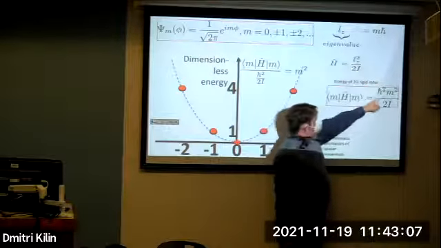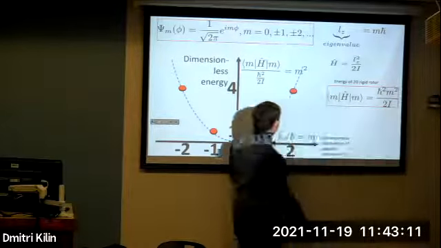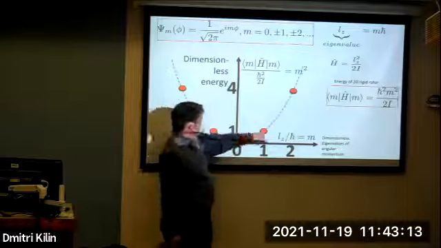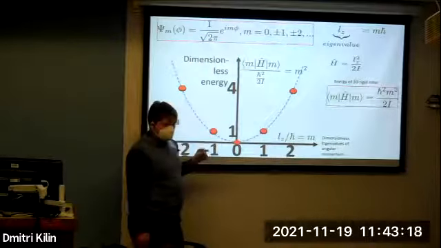So it will be m squared h bar squared over 2 inertia, which means it will be these red points, which fit a parabola.